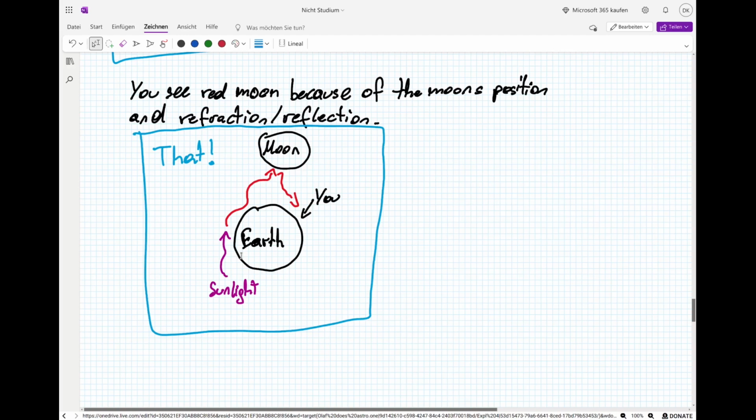It would be strongest if you stood somewhat close to where the original ray of light touched the atmosphere. If you were closer to that, I imagine it would be redder because of how reflection works. But it could technically be on any part of the sky. I actually have a picture that will be the thumbnail of this video, where you can see that the moon is not red during an eclipse at the lowest points, right?